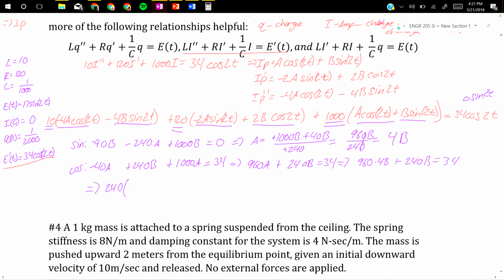So you have 240 times 4 times 4b plus b equals 34, which then equals 240 times 17b equals 34, which then implies b equals 34 over 17, which is 2, all over 240, so it equals 2 over 120, which equals 1 over 60.